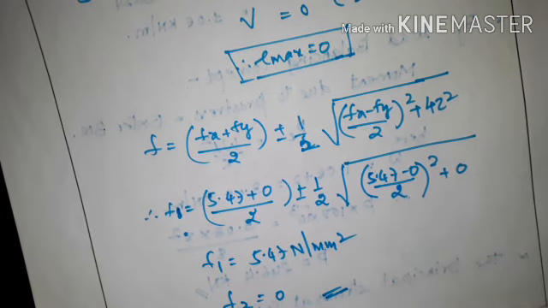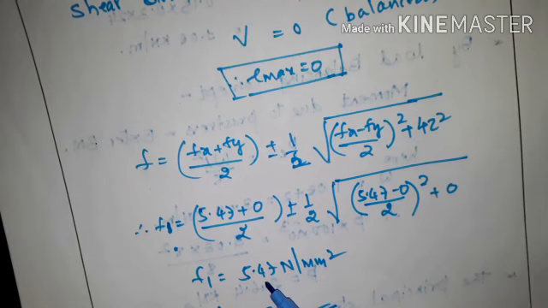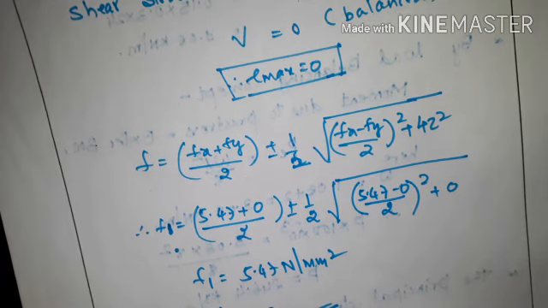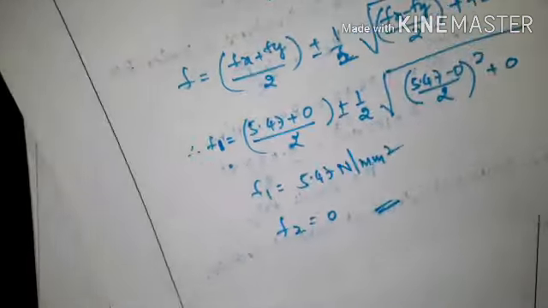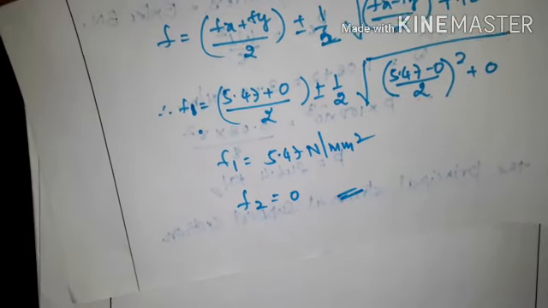F2 is 0, which means the tensile stress is balanced, and the compression of 5.47 is the same as the direct stress because it is calculated to balance the external load, dead load and live load. Understood? Okay, so this is regarding today's session. Thank you for listening.